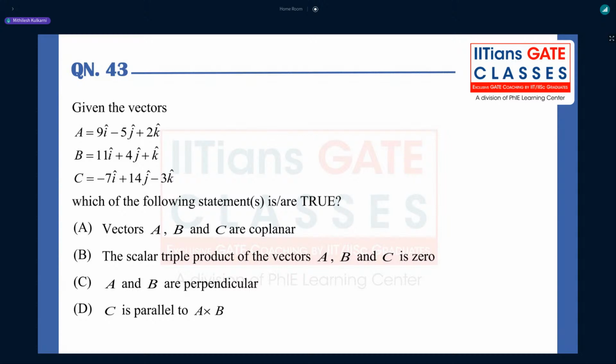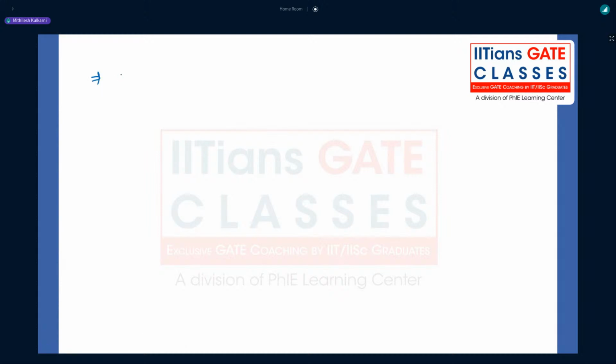So options A and B are similar. Because if three vectors are there in 3D space, and they are coplanar, they are coplanar only when the scalar triple product is 0. I'll write it in the next slide.